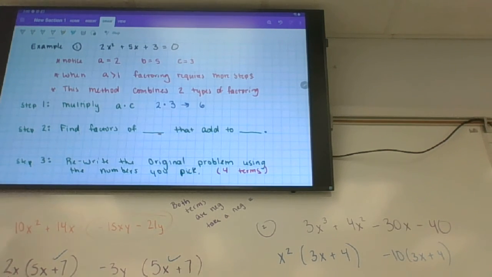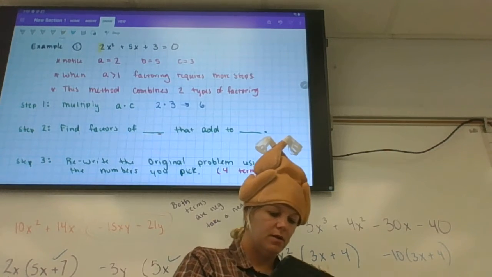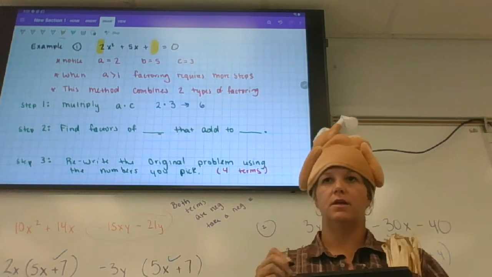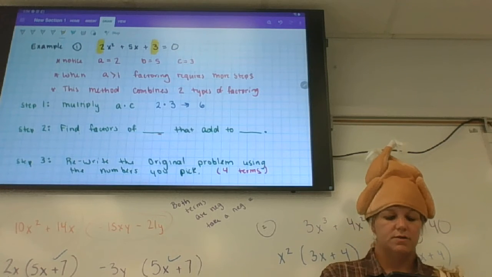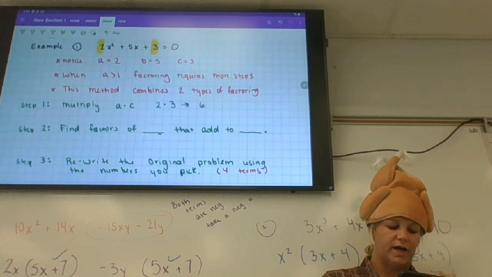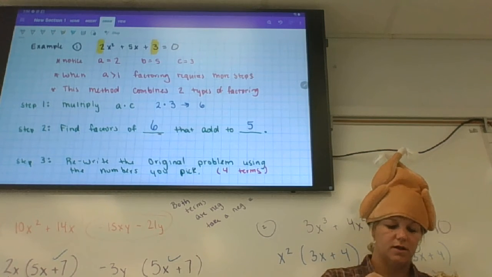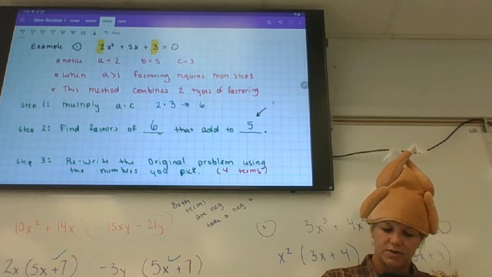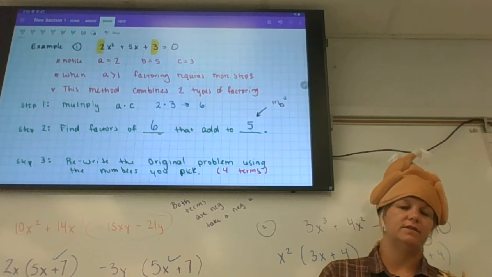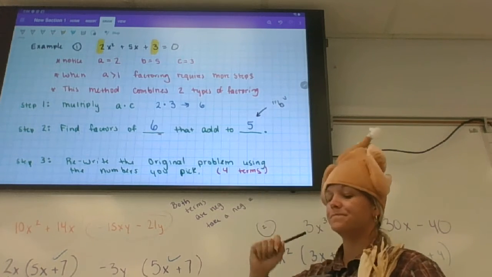Everybody know where I got the 2 and the 3 from? The number in the beginning, the constant at the end. So now we're finding factors of 6 that add to 5. The reason it's 5 is because you need to find factors of a times c that add to b.